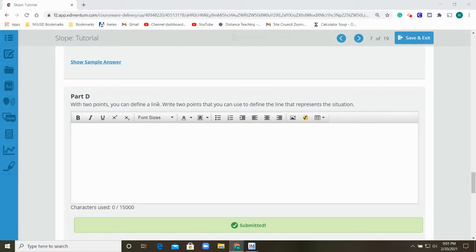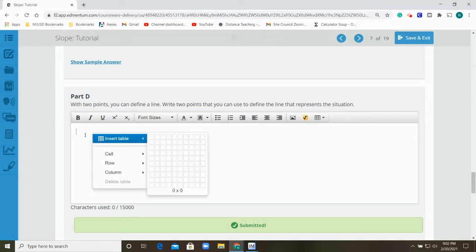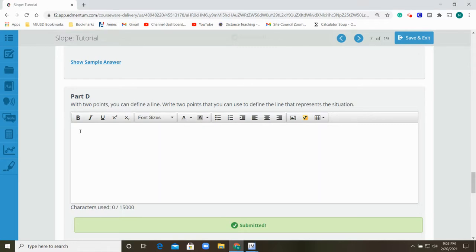With 2 points, you can define a line. Write 2 points that you can use to define the line that represents this situation. So I went up above and took information from the table that we made, and I'm going to make them large enough to see.